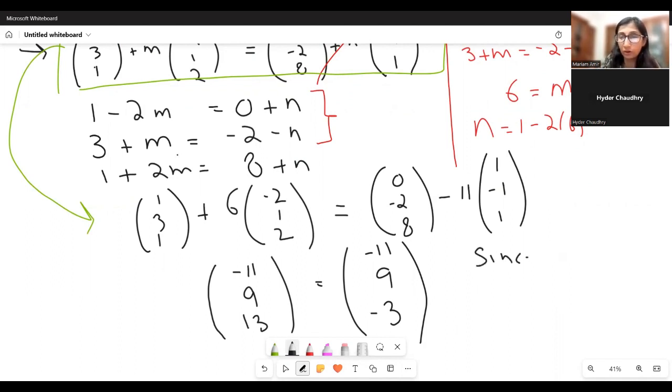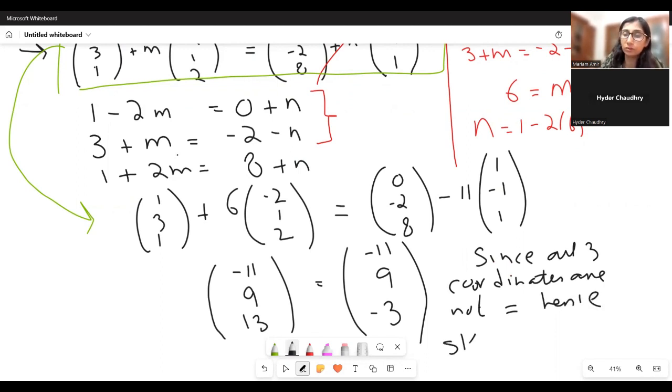Since all three coordinates are not the same, hence skew. We have already checked parallel. You must first check parallel, then check if they intersect, and if they don't intersect, you write a final concluding statement and say so it's skew.